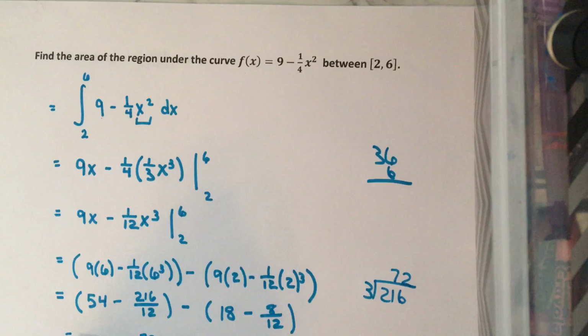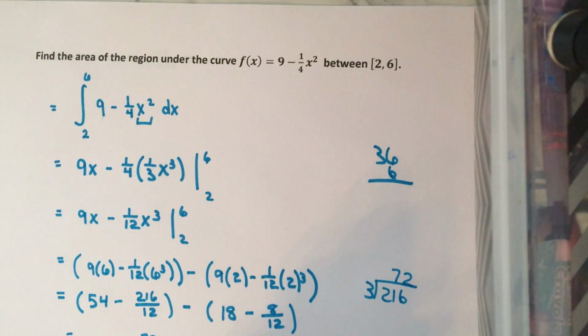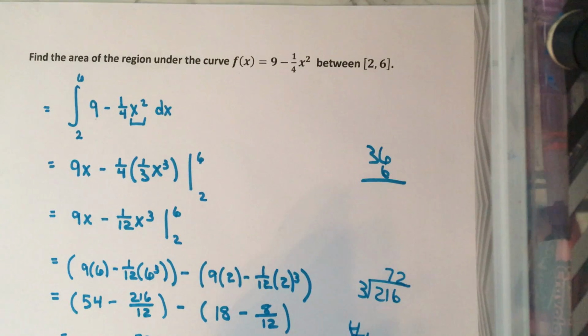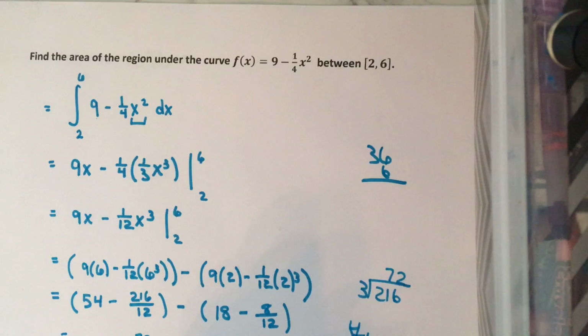So this is exactly 18. So 54 minus 18, and then I'm going to reduce this, this is going to be 2/3. All right, so looking at this, 54 minus 18, 36. Why could I not do that in my head? No idea. I didn't need these when I distributed that anymore. That's going to be 18.